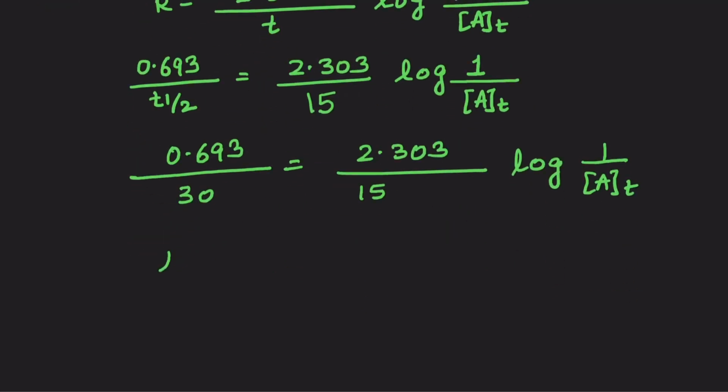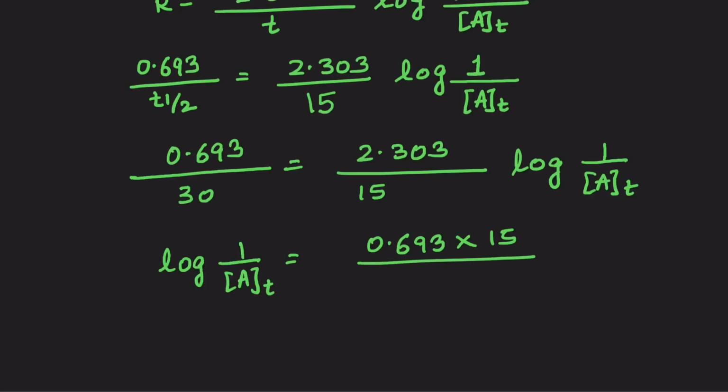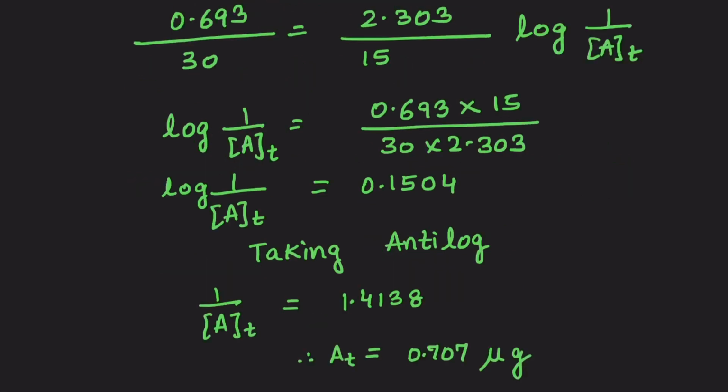So what do we get over here? I'll get log of 1 by AT is equal to 0.693 into 15 upon 30 into 2.303. Whatever you get, let's see what we get.